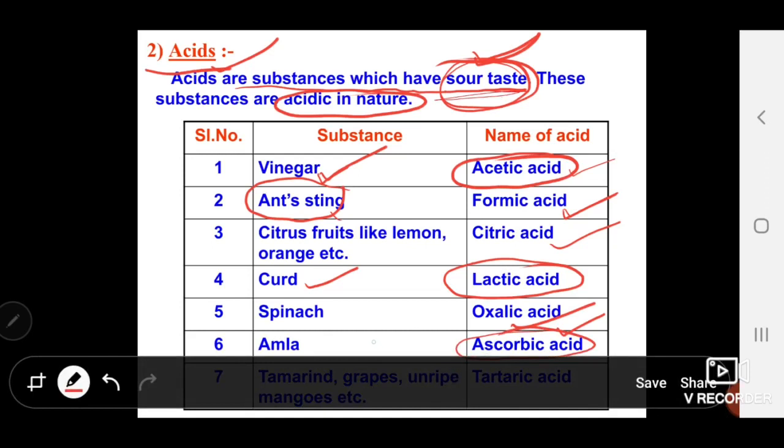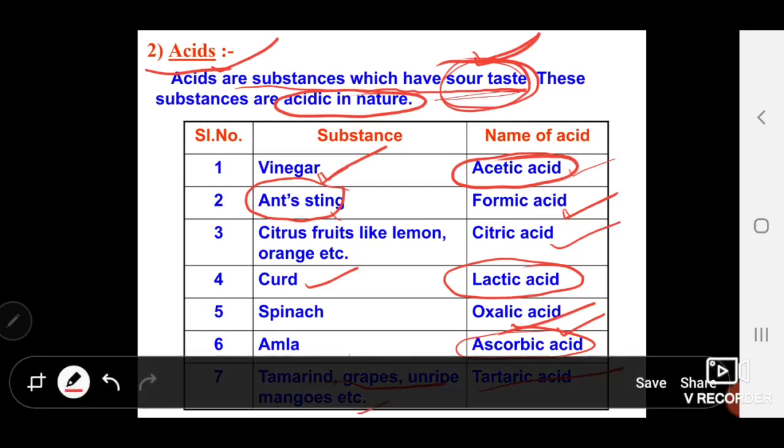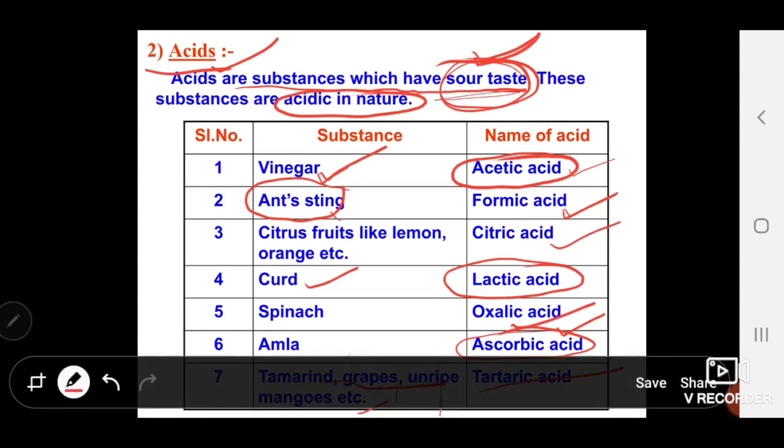Hence by consuming amla daily, it results in good health. And the last one: tamarind, grapes, and unripe mangoes always contain tartaric acid.